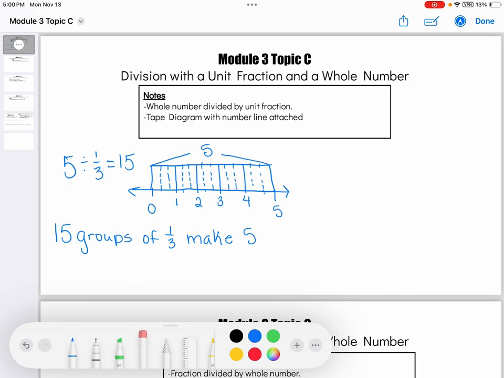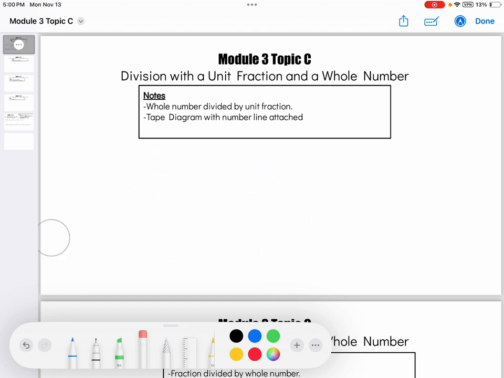All right, the other way that we look at division with whole numbers is we say, let's say we have 6 divided by 1/2. And I say 6 is half of what number?